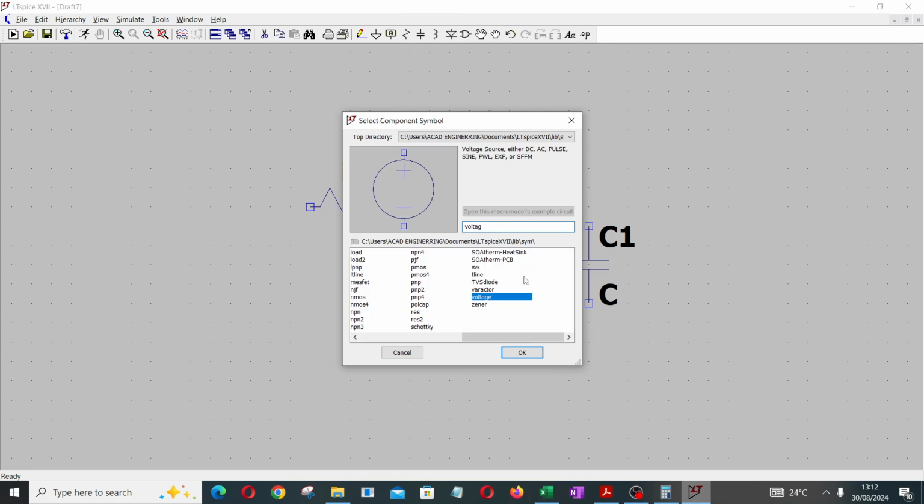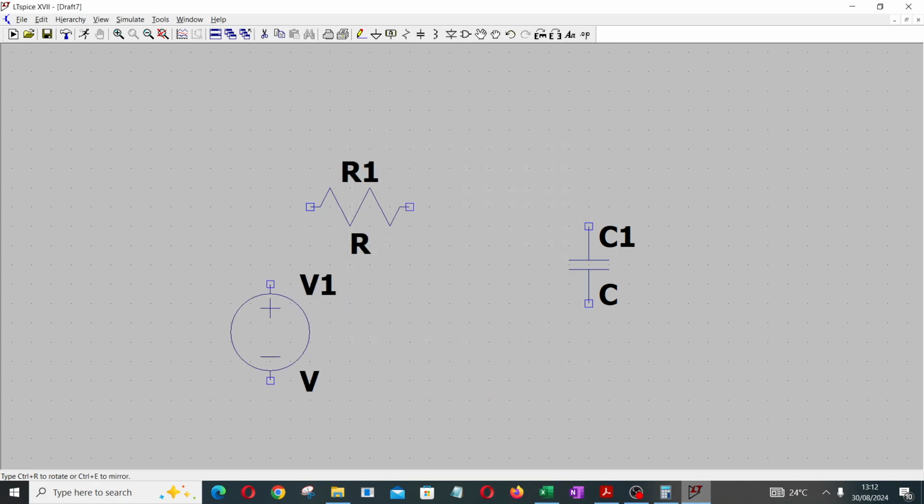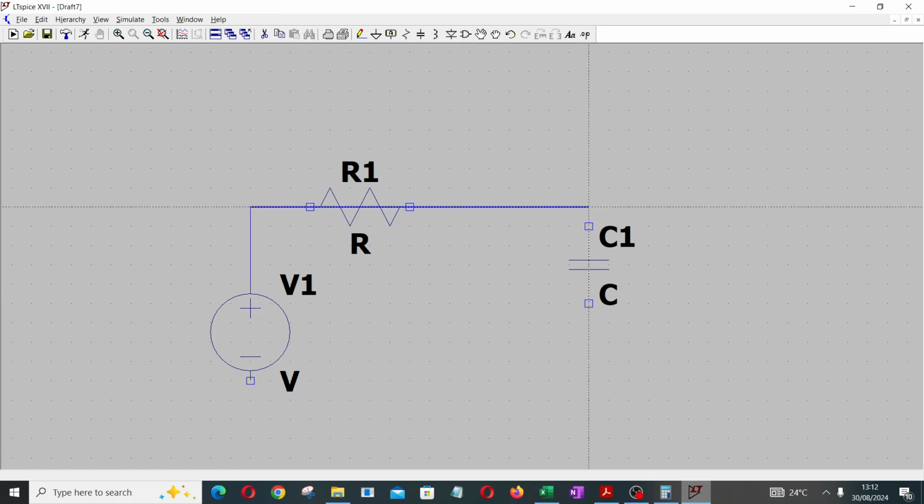The voltage supply will come out. Click on OK and you drop it. To connect the circuit together, you click on the wire tool and you virtually wire everything together. I've done this. So connect everything together. That will be all.